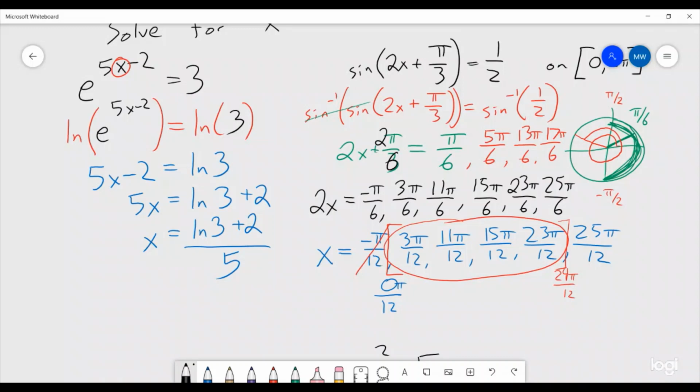Let's now go through and do some inverses. Since we've been using them, let's now practice finding the inverses.